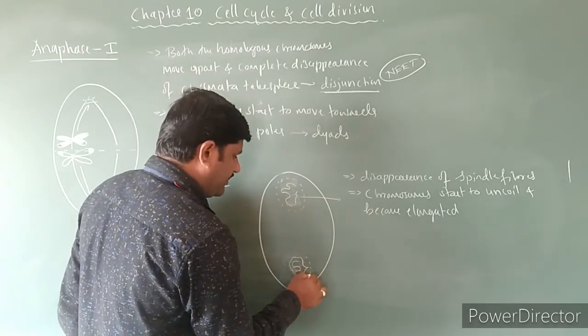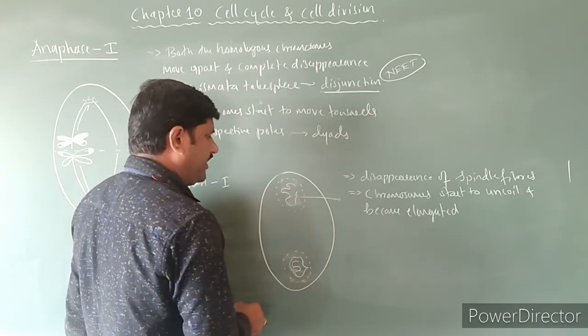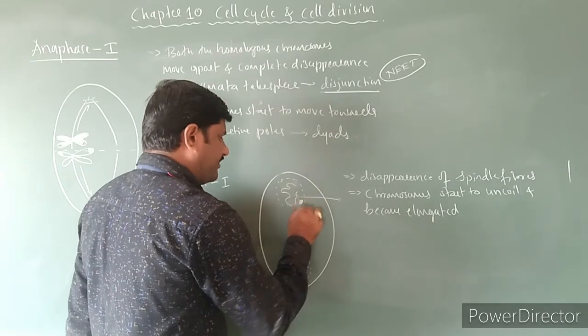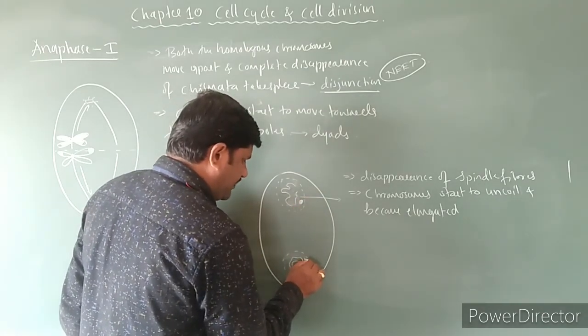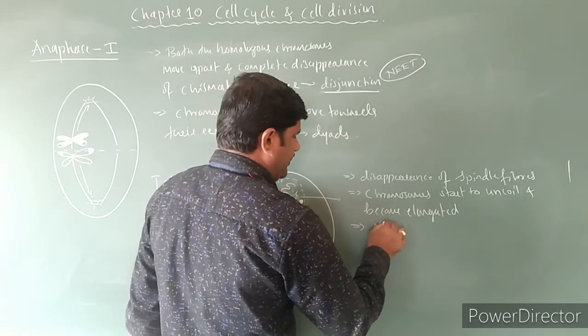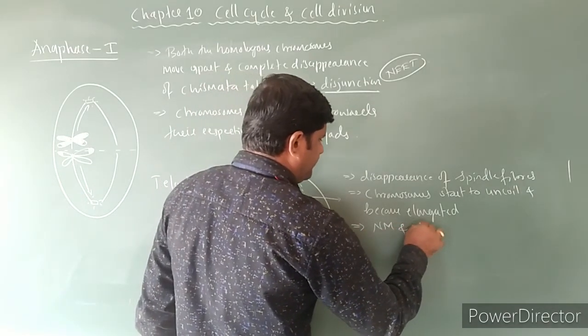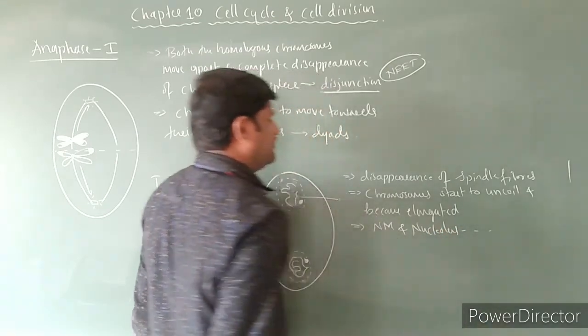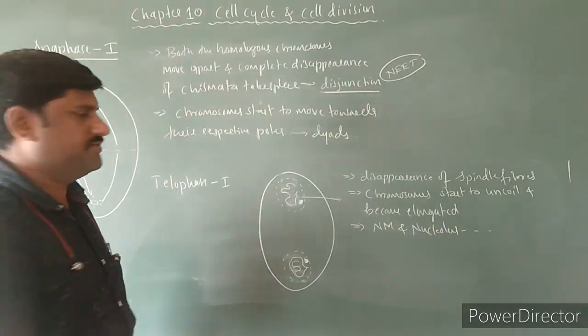The gradual appearance of the nuclear membrane takes place, as well as the nucleolus, in this stage.